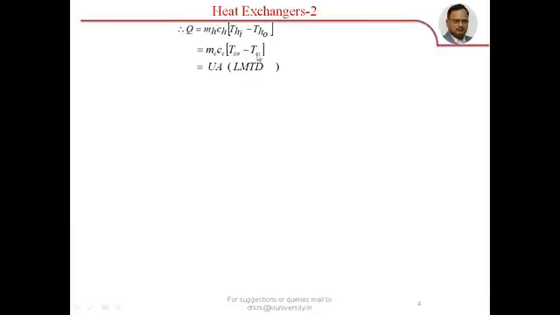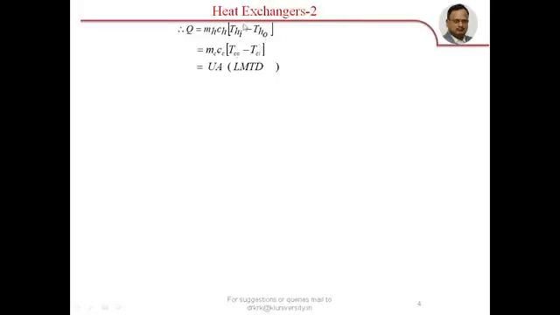So first, because we know TCO and TCI, apply the equation MC CC (TCO minus TCI) and you will get Q. One unknown is solved. The same Q is MH CH (THI minus THO). So we know Q, THI and the mass flow rates, and you determine THO. The second unknown is also found.